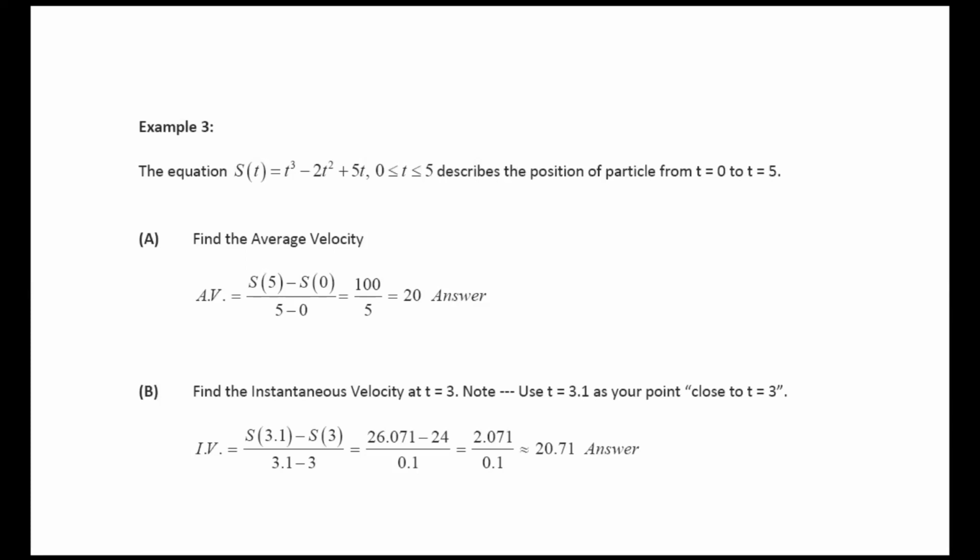Now we'd like our instantaneous velocity at 3. So we're going to choose 3.1 as our closest point. Now, again, you don't have to choose 3.1, but we're going to make our closest point 0.1 units away for consistency in this entire lesson. And if we were asking you to work a problem for us, if this were a classroom situation and this were a quiz question or something like that, we would probably ask you all to use the same point.